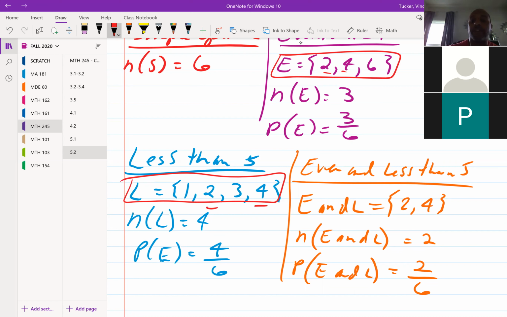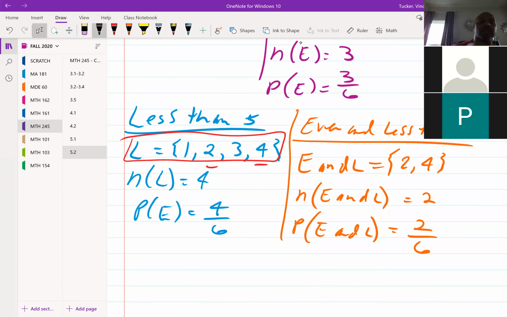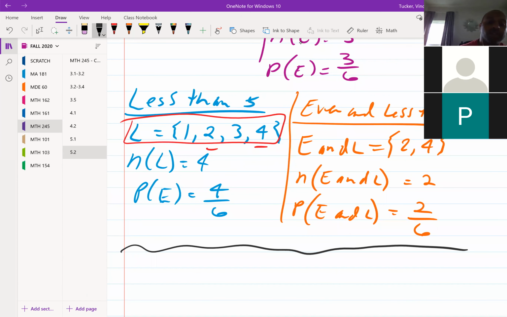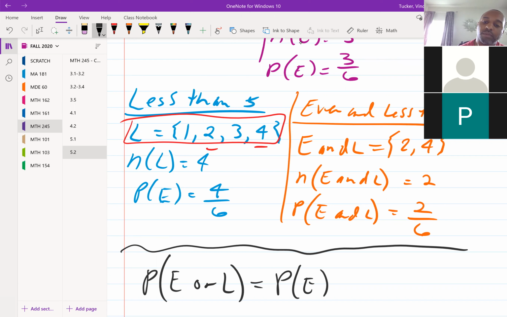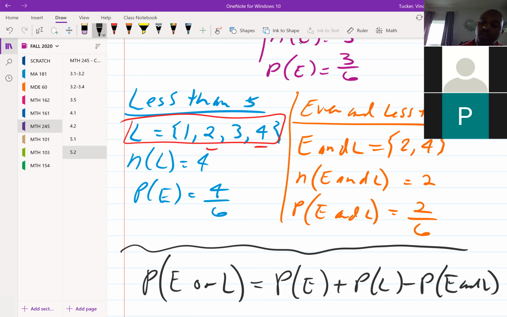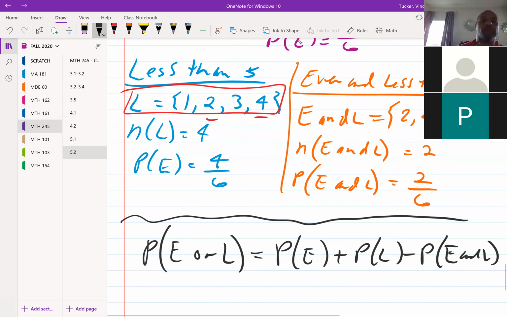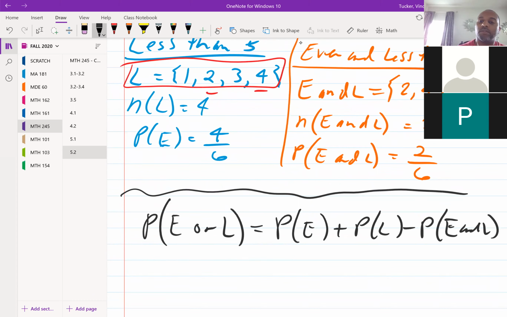So that's why we have to subtract it at least one time so we don't count it twice. And that will put my probability under 6. So probability of E or L is probability of E plus probability of L minus E and L. 3 over 6, 4 over 6, minus 2 over 6.